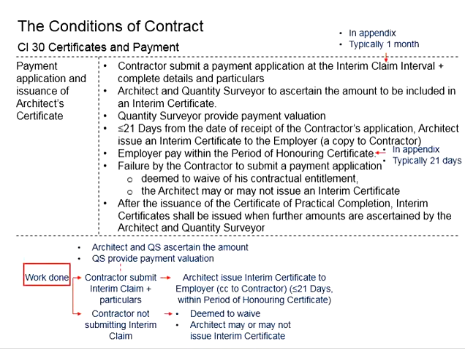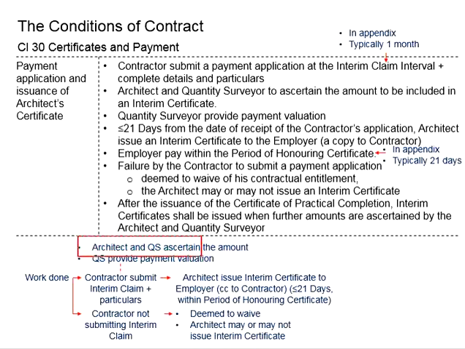Now the work has already been done. The contractor should submit the interim claim plus the relevant details and particulars in order to apply for the payment.